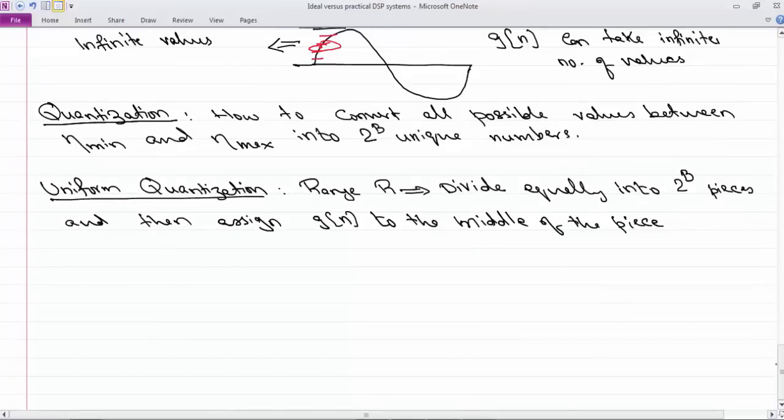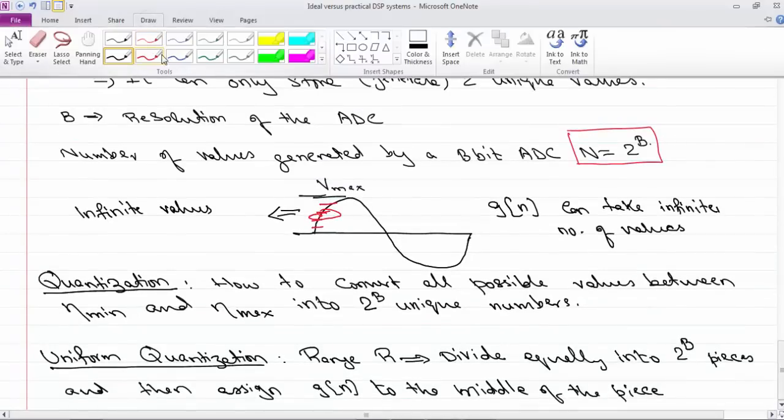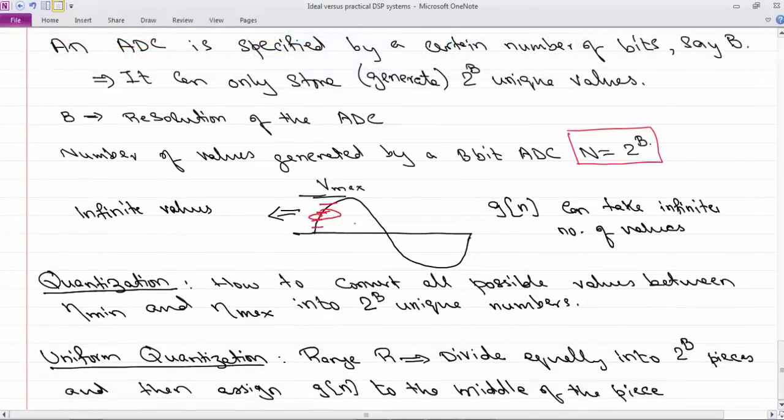So in this diagram that I showed earlier, uniform quantization will be that you will actually divide this vertical axis equally into pieces. And if any value were to fall between this and this, I will assign it 0 value. If any value were to fall in this next bin, I will assign it the middle value, whatever is the value there.